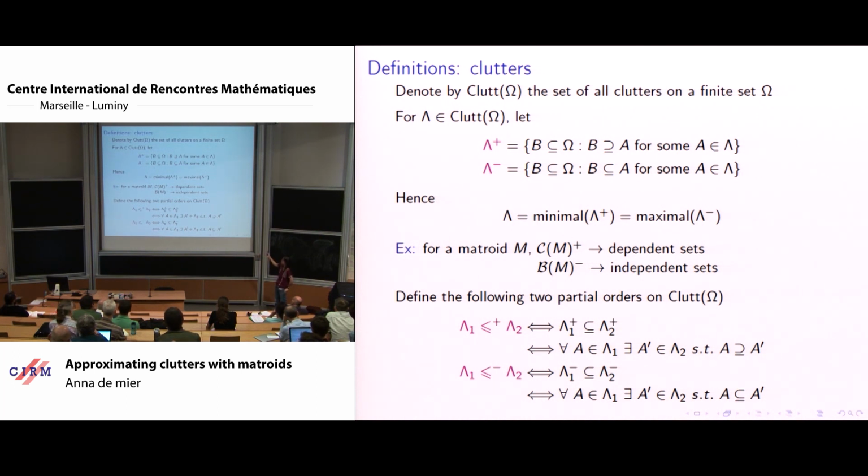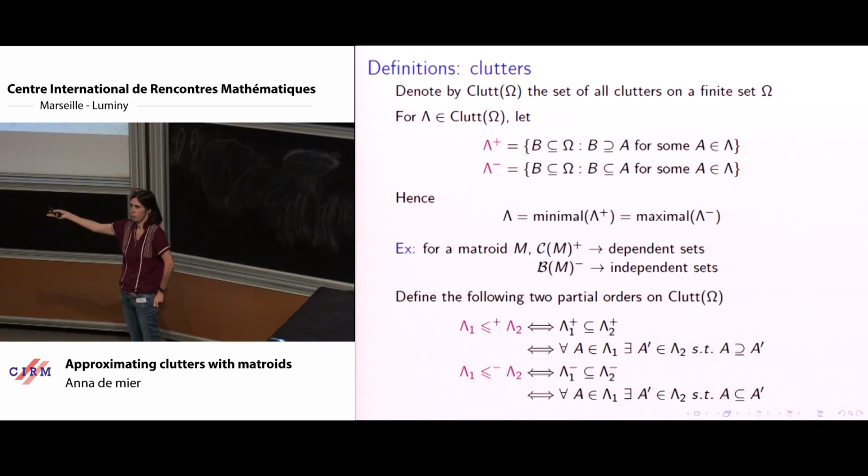Here it's written what it means. The order plus amounts to every element of the larger clutter containing an element of the smaller one, and the order minus says every element of the small clutter is contained in an element of the second. They look a bit different, but they are related.